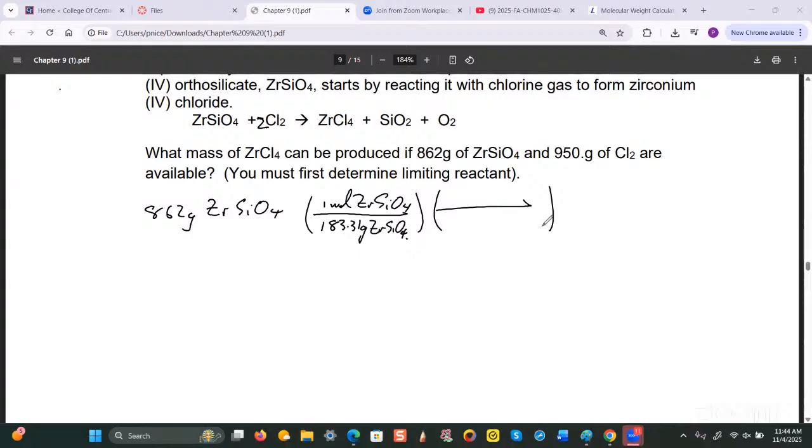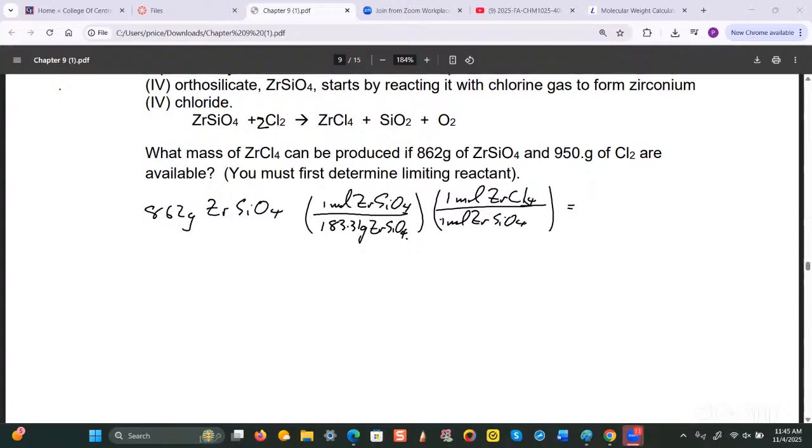So we can put 1 mole of CrSiO4 on the bottom, and 1 mole of CrCl4 on top. Okay, very good. CrCl4 above. All right. So let's see what that gives. 862 divided by 183.31 times 1.